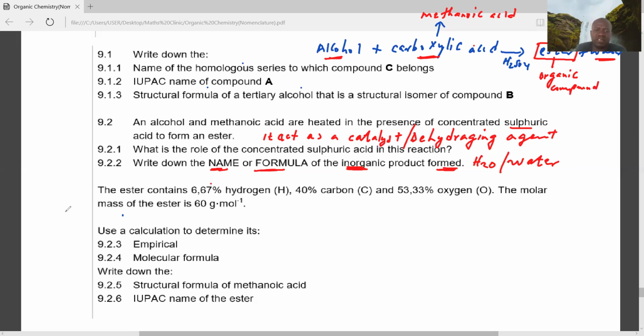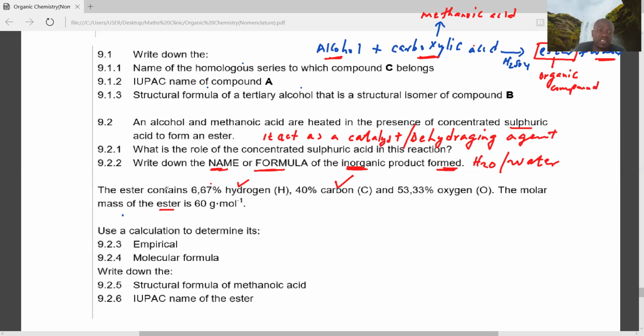Now, here is the question statement. It says an ester contains 6.67% of hydrogen, 40% of carbon, and 53.33% of oxygen. The molar mass of this ester is 60 grams per mole. Use the data to determine the empirical formula.